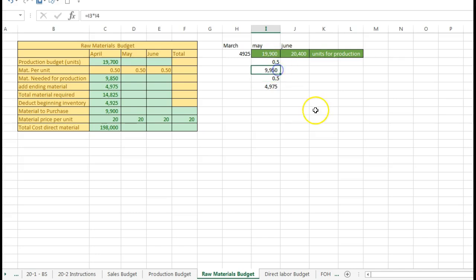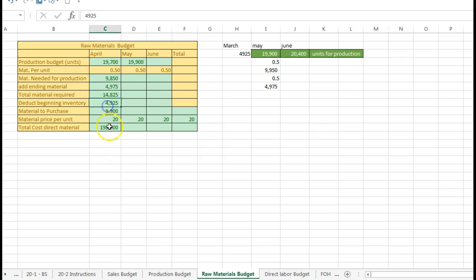So I'm going to multiply another 50% times that 9,950 and come up with our ending inventory. Raw materials inventory needs to be 4,975. This is the amount you're shooting for the ending inventory. And then our material required is going to be 14,825.